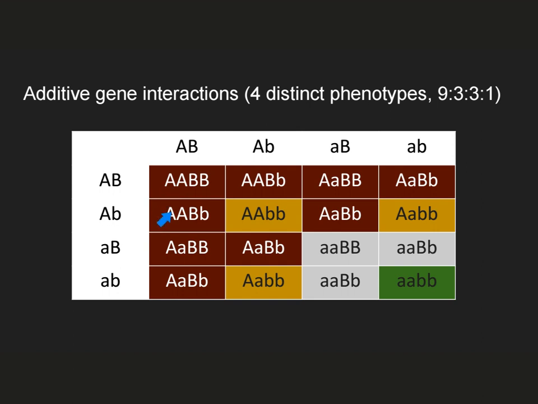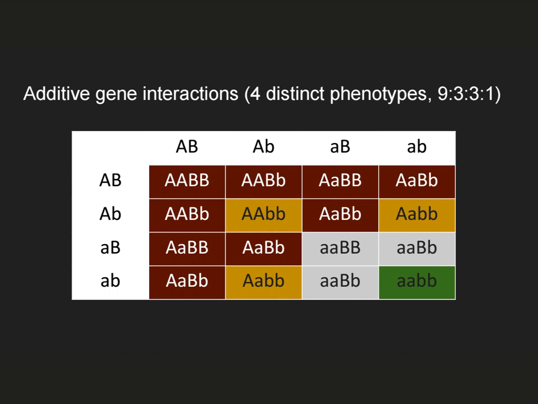So here we can map those onto these squares. Now what these squares have in common is they have at least one big A allele and at least one big B allele. So here we're seeing a situation where maybe if you have at least one big A and big B allele, you have the brown color.